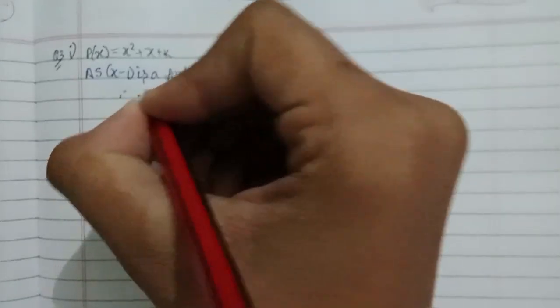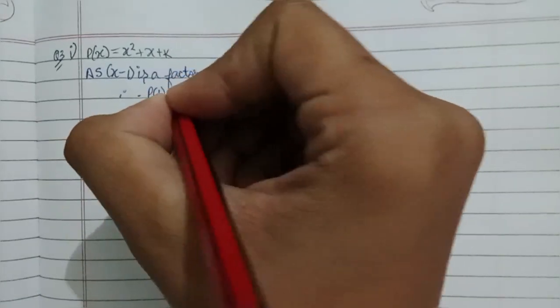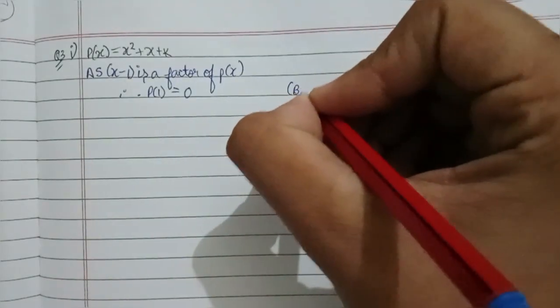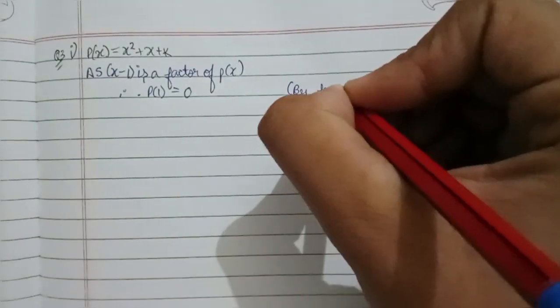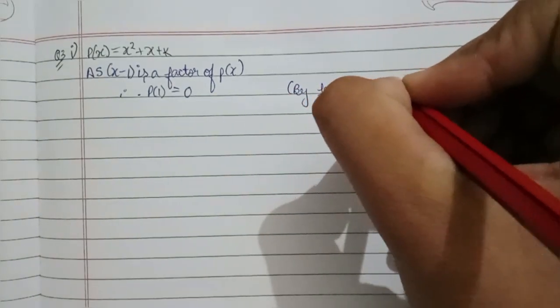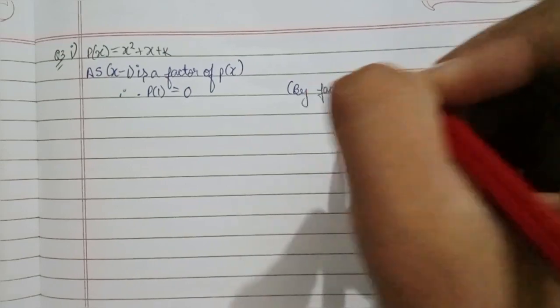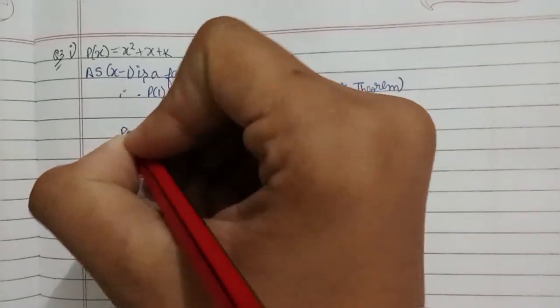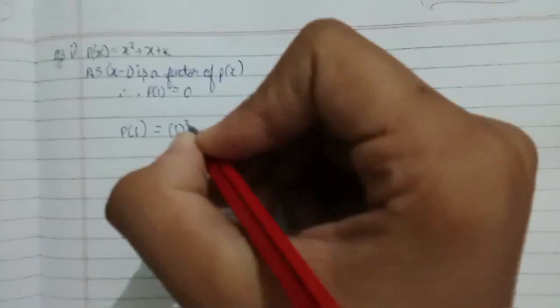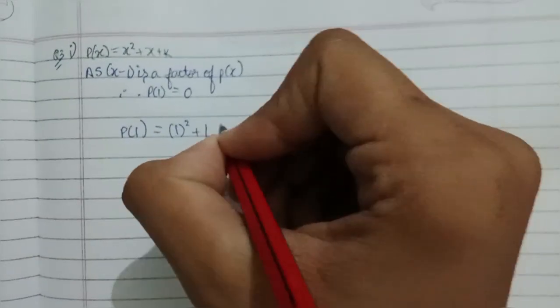Hence p of 1 equals 0 by factor theorem. Now we will write p of 1 equals 1 square plus 1 plus k.